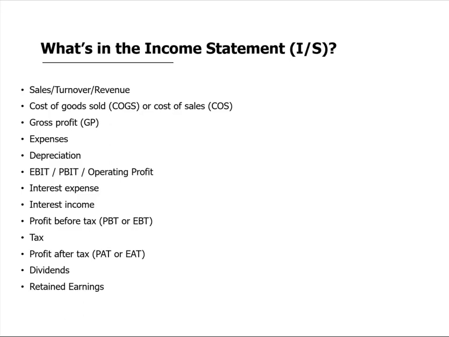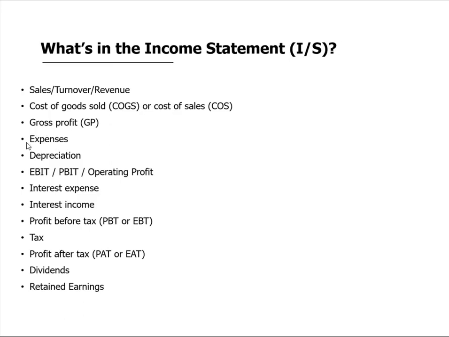and I've included here a quick overview of the line items, working our way down from sales at the top, also using some different terminology in turnover and revenue. From that we subtracted the cost of goods sold, or maybe we called it cost of sales, in order to attain a gross profit.